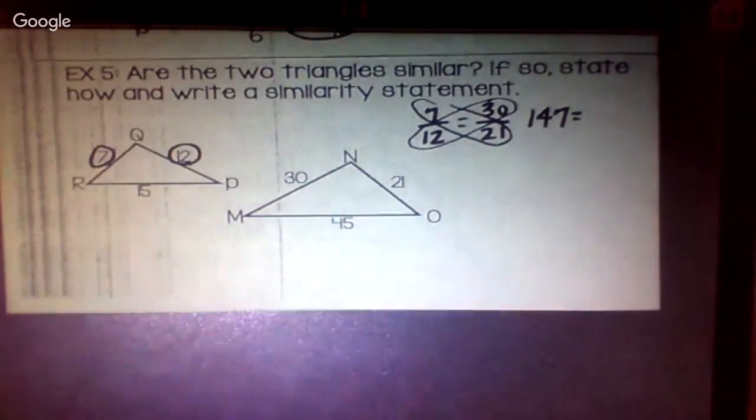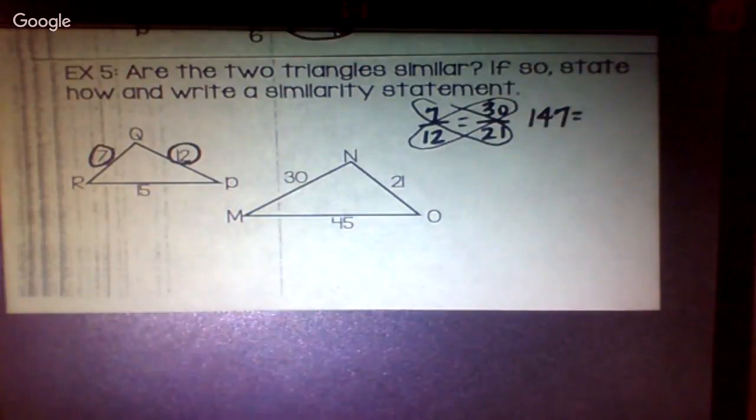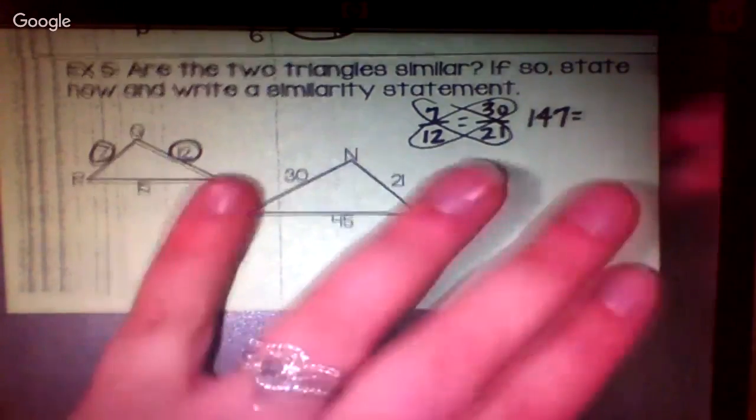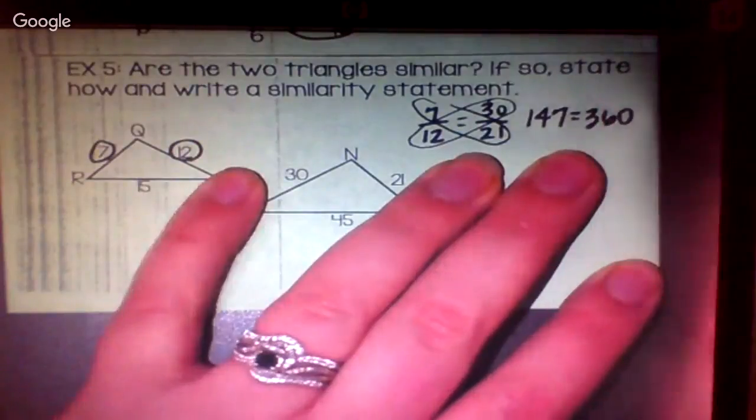It doesn't work. What's 30 and 12? Don't just assume it's 147 because that's what we got the first time. Multiply them. It's good. 360. I had no calculator.